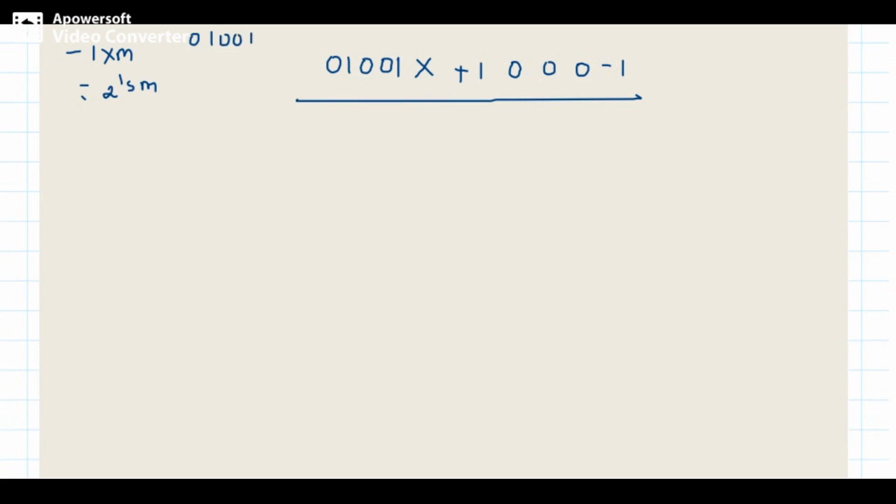So the 1's complement of M: I'll complement all the bits and add 1. So 1, 1, 1, 0, 1.